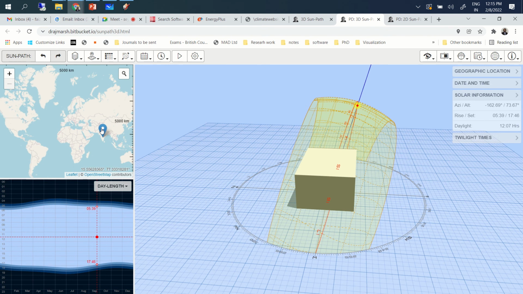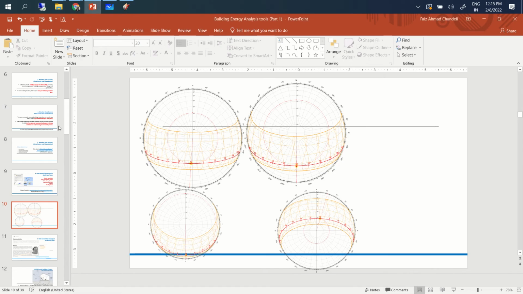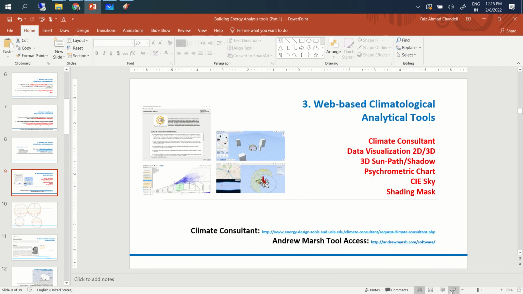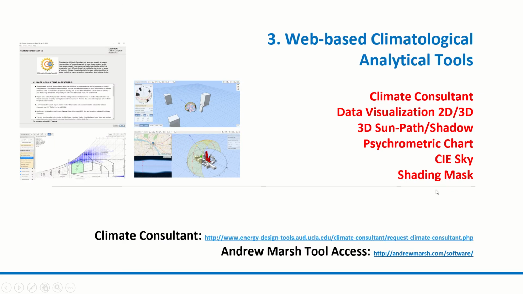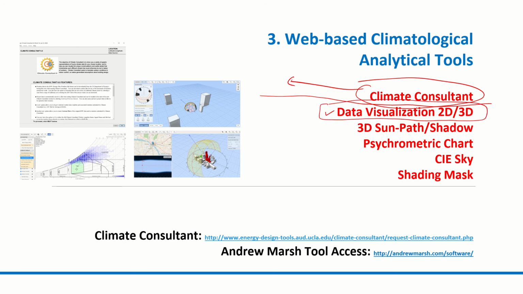Okay, so let's go back to the PPT. I think I have said to download this, and we will also discuss this later. So you can visualize the weather data in 2D and 3D.